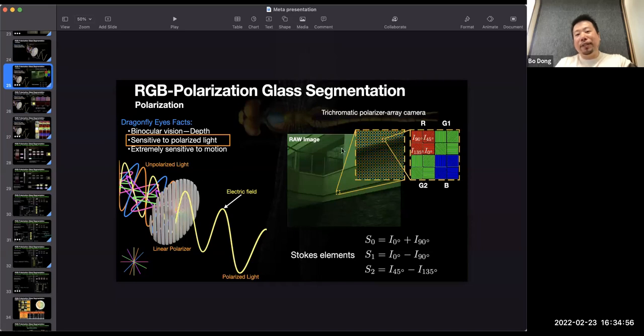Also, this camera is not made by us. It's actually a commercial camera. When they developed this camera, they just put the polarizer on top of their sensor. It's a pretty neat design actually. But back to your question, we have to use these 4 different angles in order to reconstruct the Stokes elements. Okay.